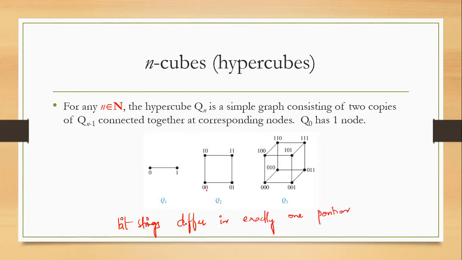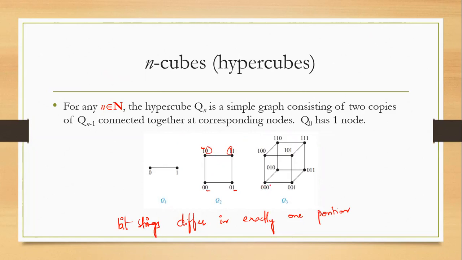Basically we can only join two vertices if they differ by one position.